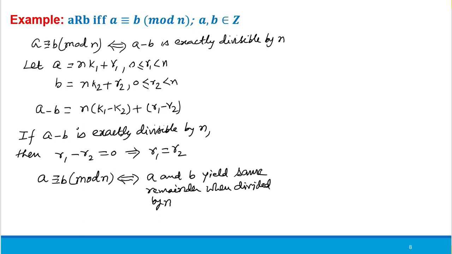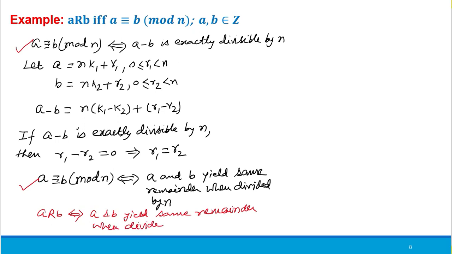And therefore, combining these two, we can say that A R B means that A and B yield the same remainder when divided by n.